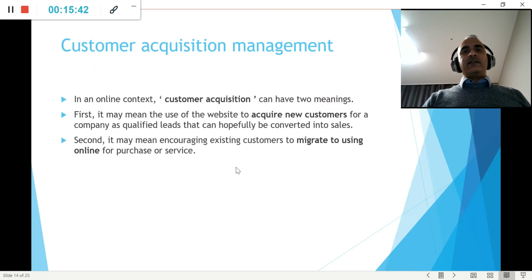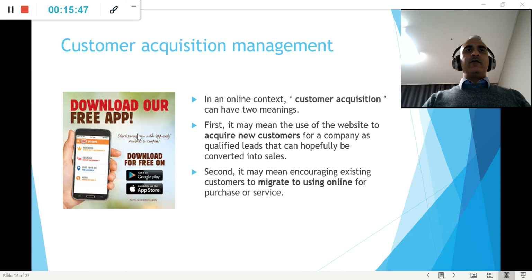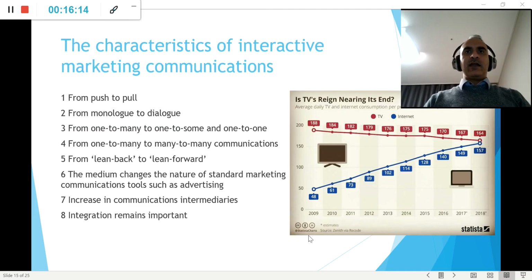When we see, for example, these signs saying download our free app, they want you to migrate to online so they can have more information about you. That means they know your location, they know how often you order, so much information. So all these applications are just aiming to extract more information out of you and make you go online. It's simple as that, to strengthen their e-CRM.